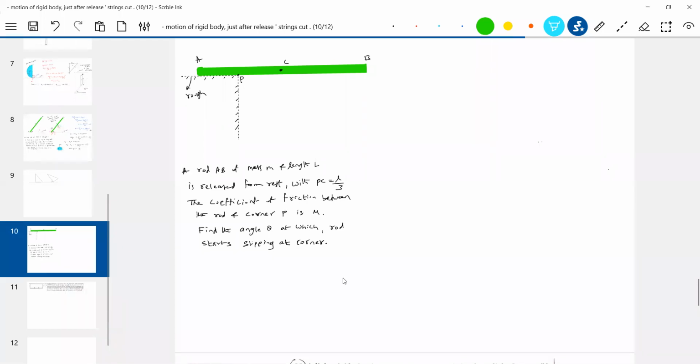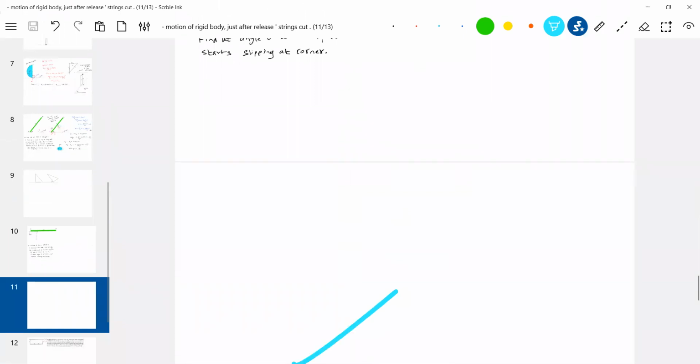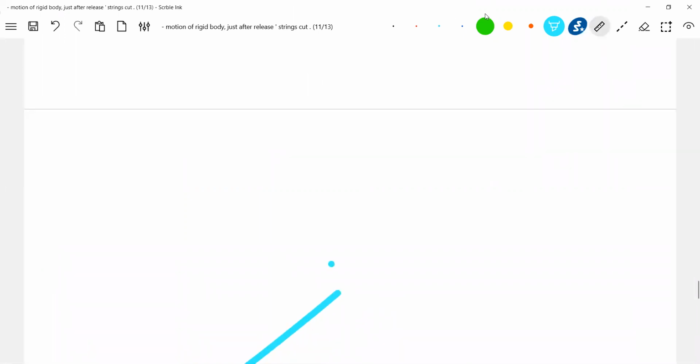I'll give the diagram so that at least you can come to this. So this is the corner. I'll draw the whole set of diagrams.